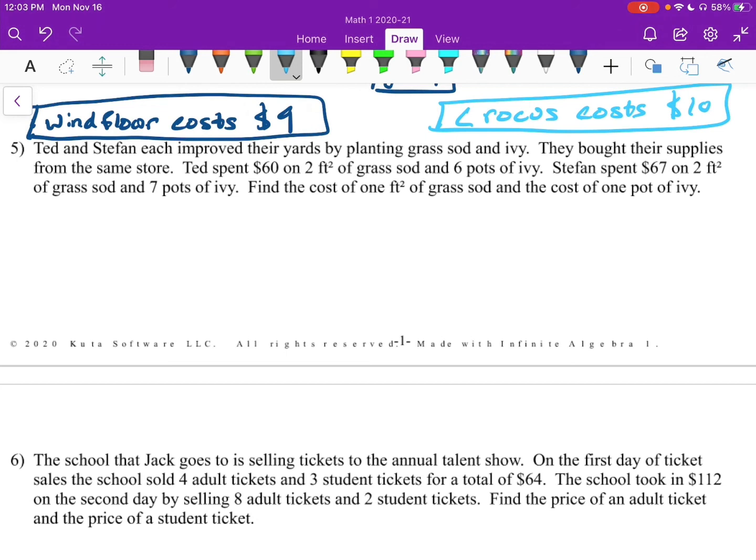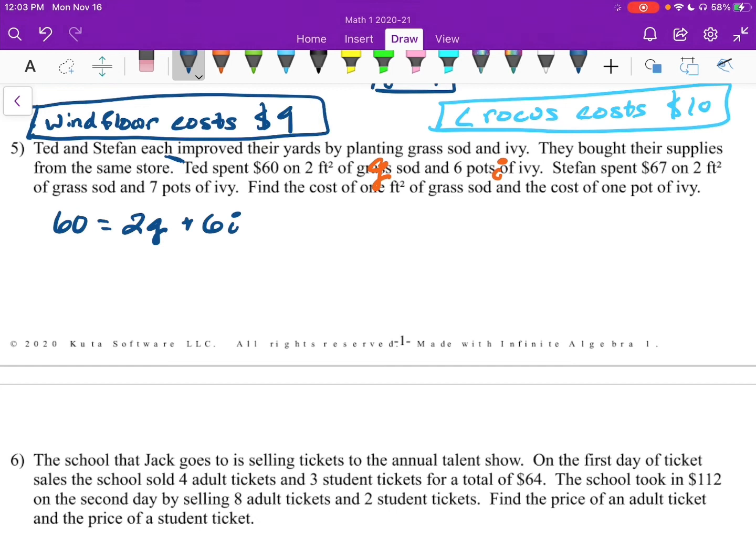So we're going to say our variables are G and I. I think those would be good variables. I normally like to make my variables kind of relate to the problem. It helps me to understand or to remember what I'm doing. So going back here, Ted spent $60 on 2 grass and 6 ivy.